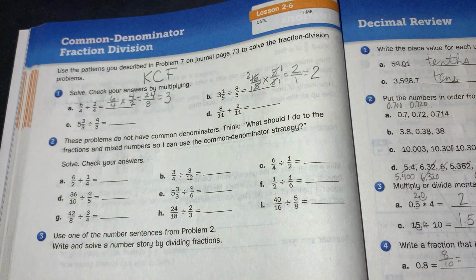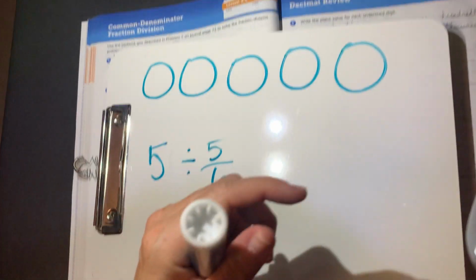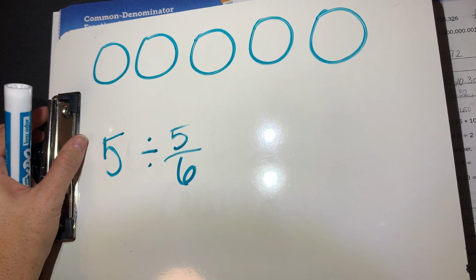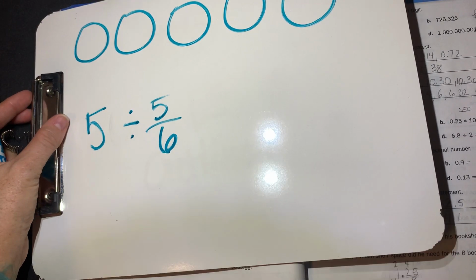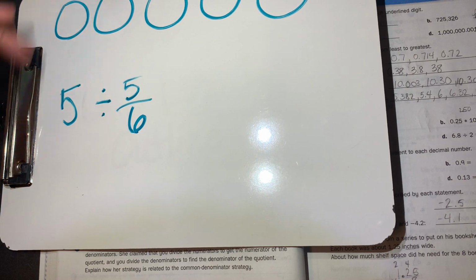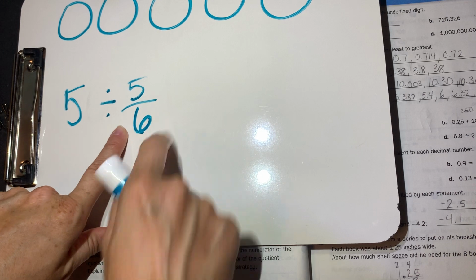Now, I'm going to show you on my board here. I'm going to do a quick example of why this works, of why we can do keep, change, flip, and get the answer that we're working on. So, I have 5 circles here, 5 wholes, and I need to divide them by 5/6.